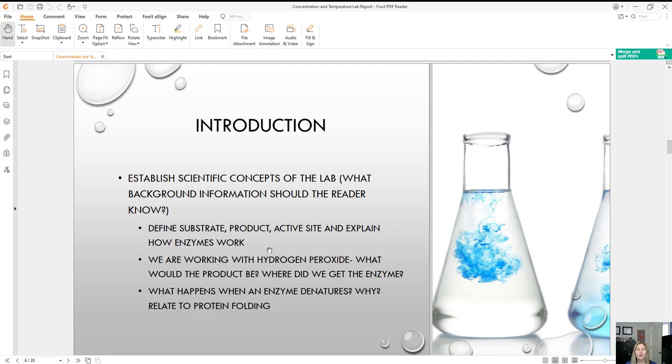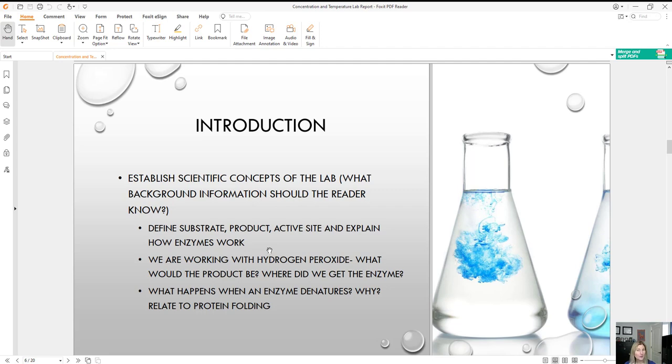That way we can introduce the enzyme we're working with in this experiment, as well as what the substrate is and the products that are produced. You should mention that we are using hydrogen peroxide as the substrate. Its chemical formula is H2O2, so it has 2 hydrogens and 2 oxygens.